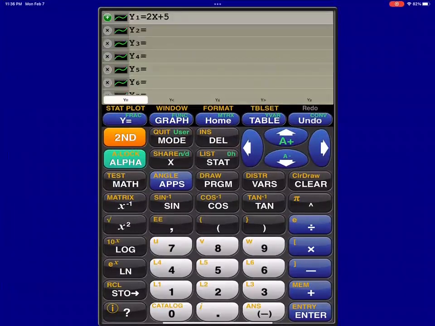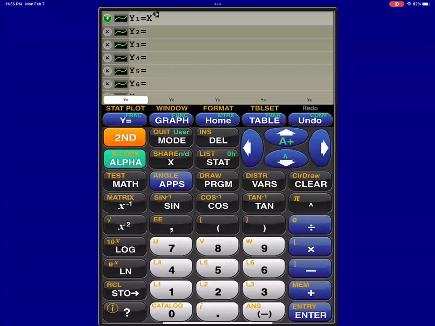So you go to y1 and plug in this 1/2 x to the power 4. So it is x to the power 4 divided by 2.